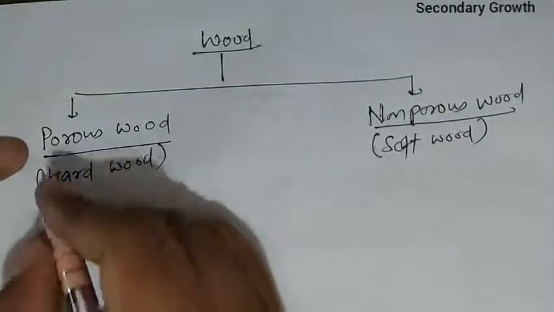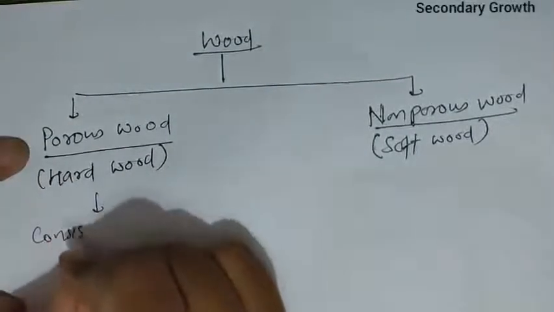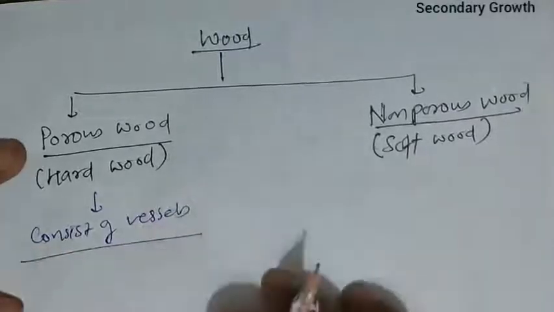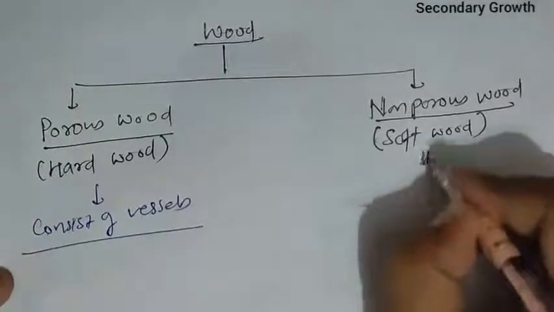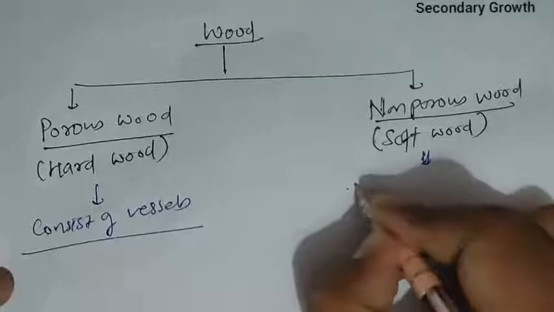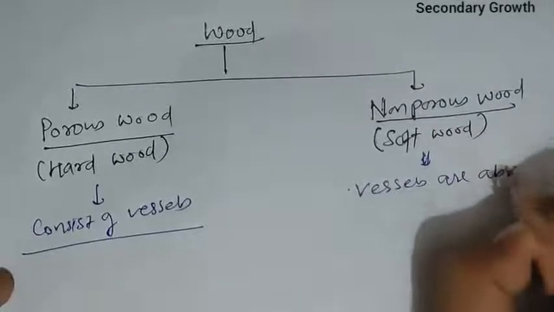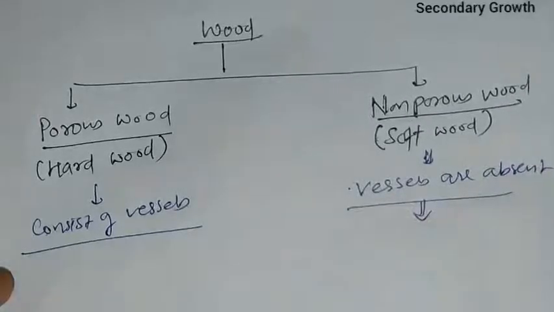So porous wood is a wood which consists of vessels, and vessels have a wide lumen which looks like pores, so because of this we call it a porous wood. But non-porous wood, where vessels are absent in wood, so porosity is not observed.